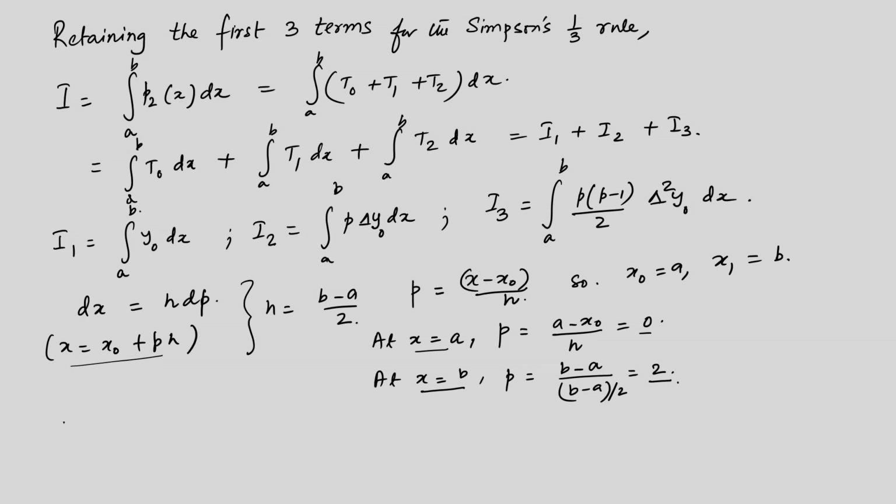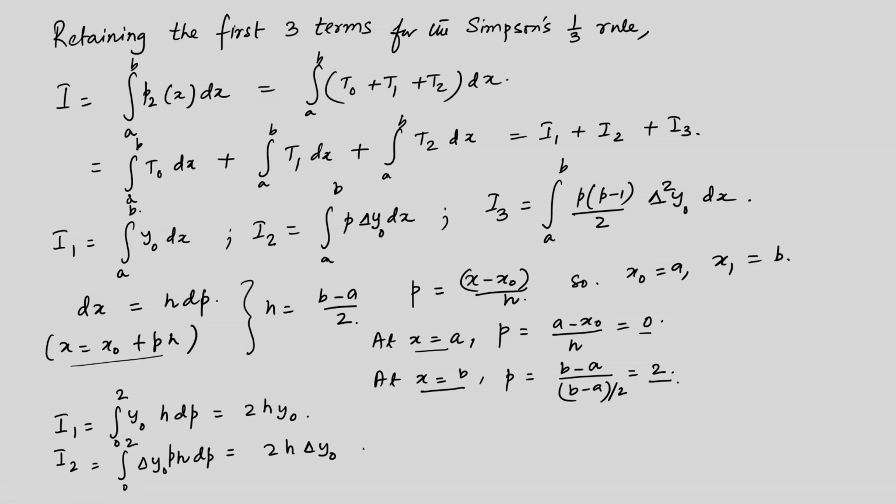So, my I 1 becomes equal to the integral from 0 to 2 of y 0 h dp, which is equal to 2 h y 0. Okay. Similarly, I 2 would be the integral from 0 to 2 of p delta y 0 h dp, which is equal to 2 h delta y 0.